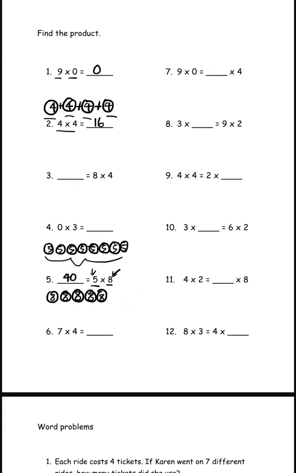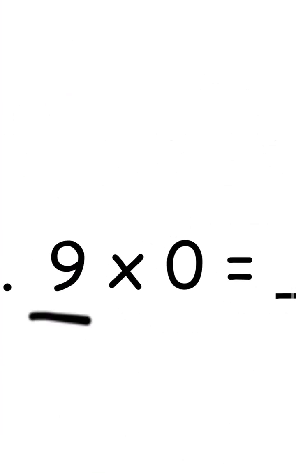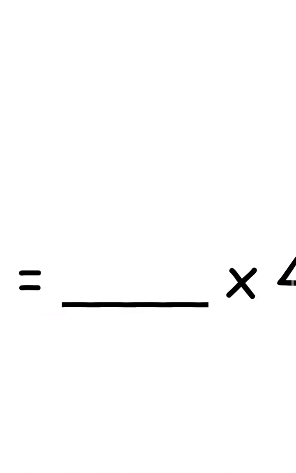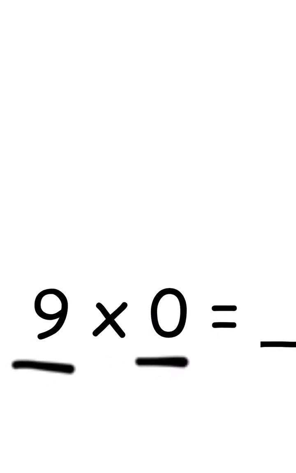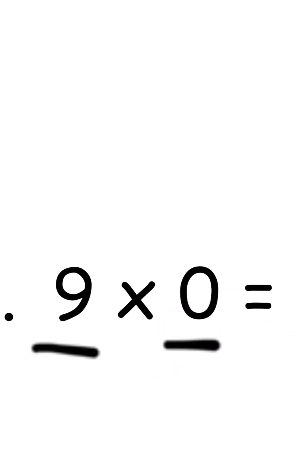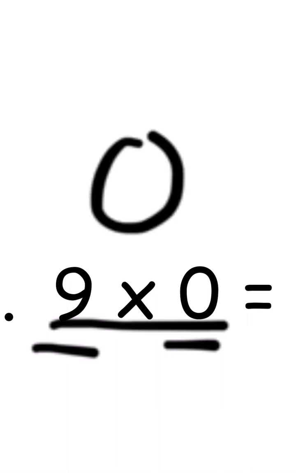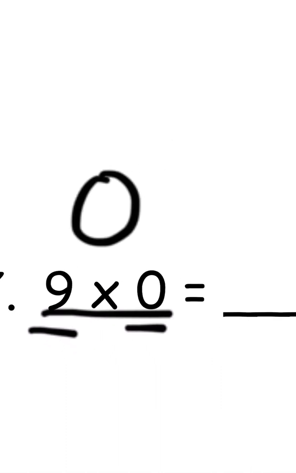And let's look at number 7. For number 7, it says 9 times 0 equals blank times 4. Like I said before, a number times 0 is always going to be 0, or 0 times a number is going to be 0.